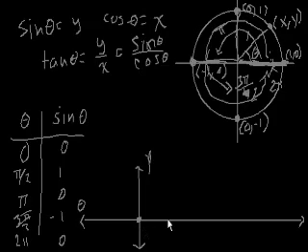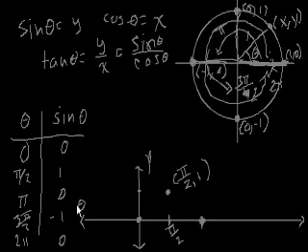When theta is equal to pi over 2, sine of theta is equal to 1. So this is the point pi over 2, comma 1. When theta is equal to pi, sine of theta is 0 again.